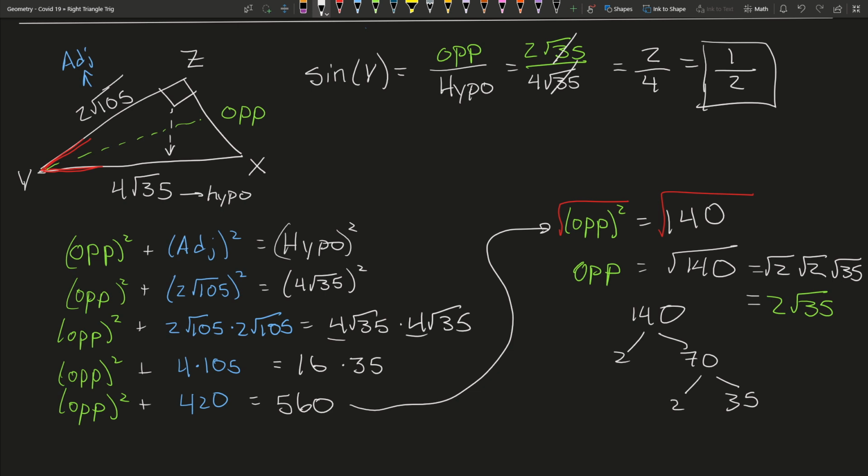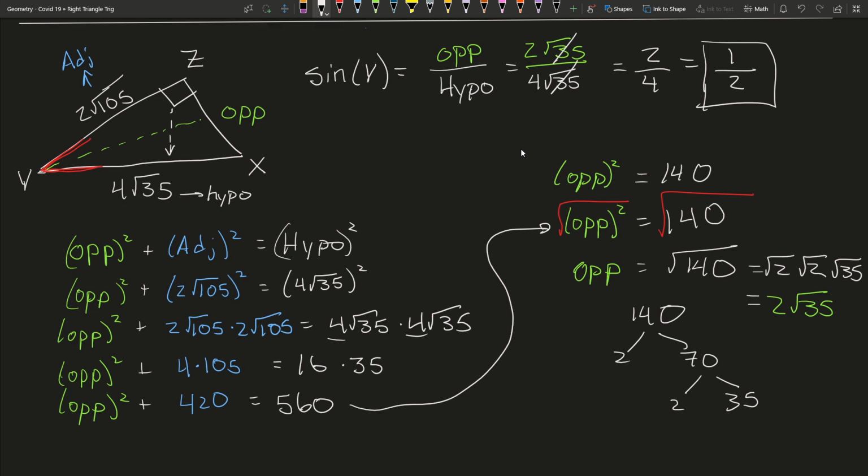All right. So before I end this, are there any general questions that I can answer right now? Why do we make 140 a square root? All right. So this step right here, originally, we have the opposite side squared is equal to 140.